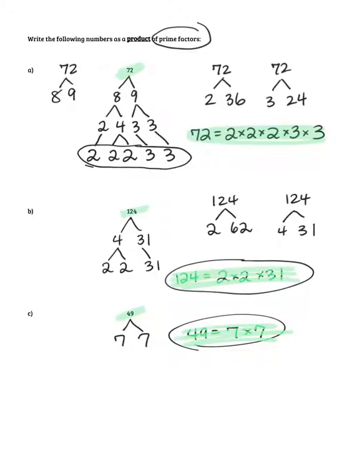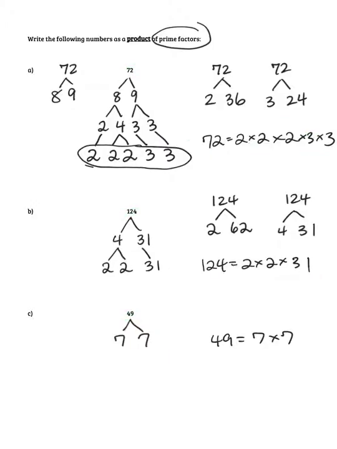So to review, what we've done is we've drawn out factor trees that show each number given as a product of prime factors. So I'm just going to highlight here. On this page, we wrote the number 72, and we listed all the prime factors of 72. Let's erase that.